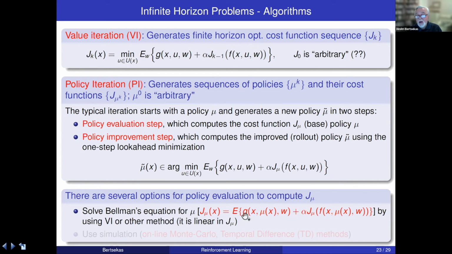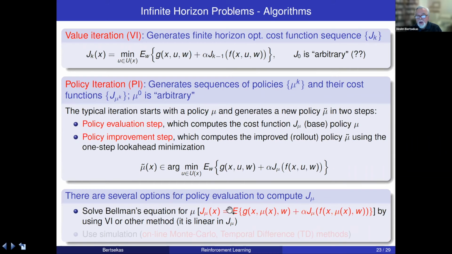And it turns out, using the same kind of reasoning as we did in the previous slide, that this is the Bellman equation that should be satisfied by J mu. Now, this equation is simpler than the Bellman equation for the overall problem, which we call the min Bellman equation. We call this the mu Bellman equation.